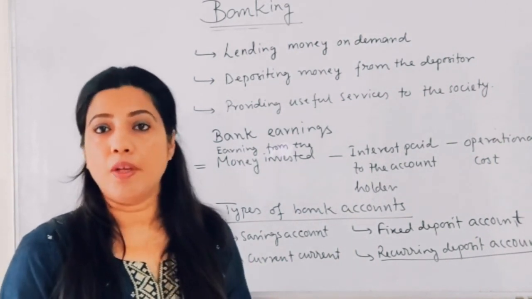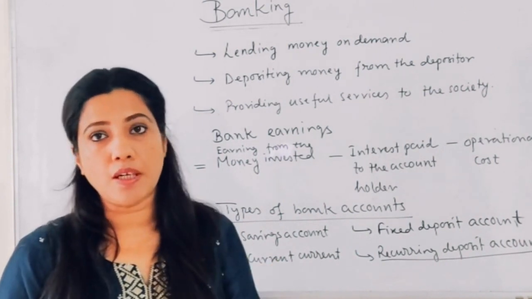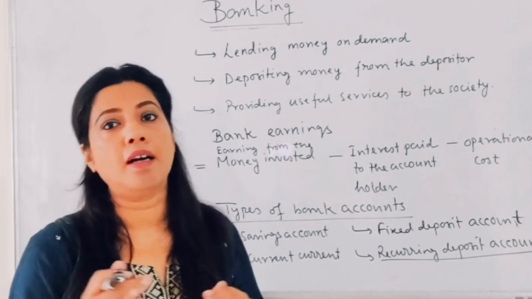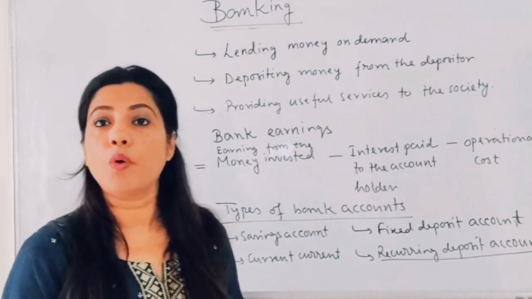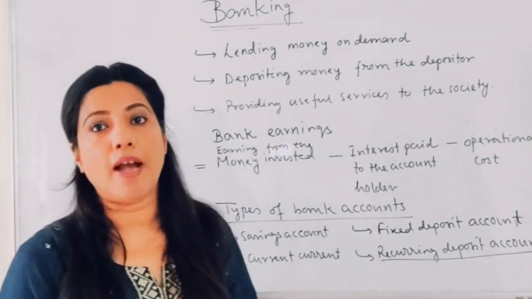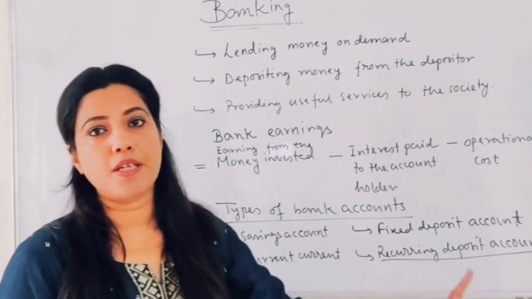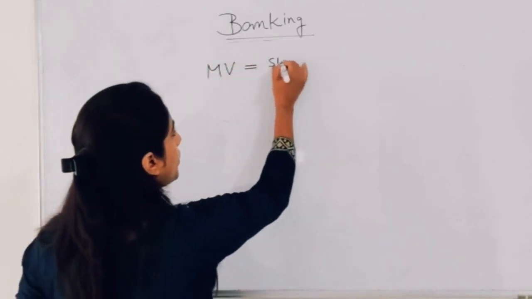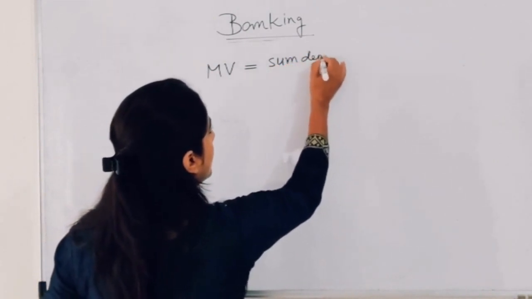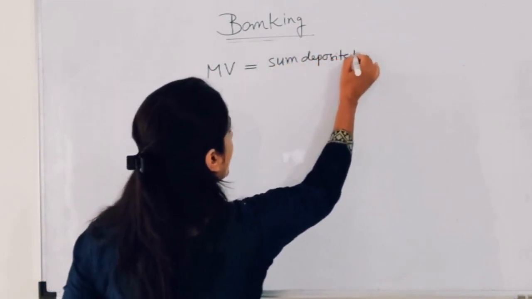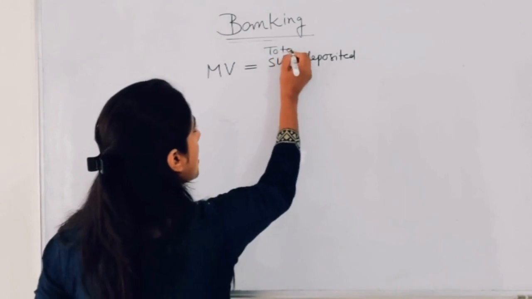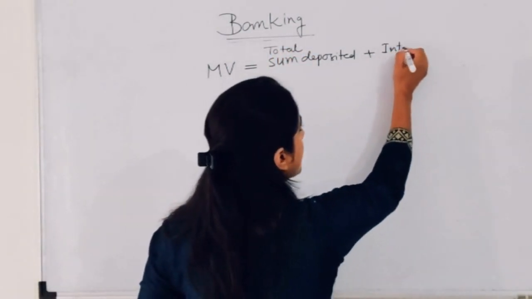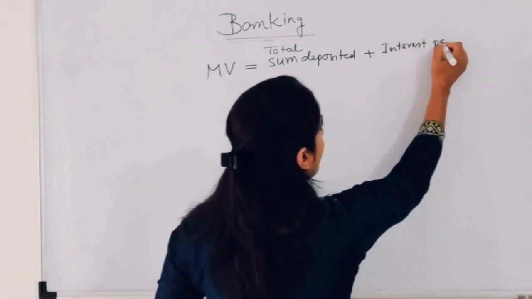The maturity value includes the whole amount of money deposited plus the interest which is paid by the bank. So now let us see how to compute the maturity value in a recurring deposit scheme. The formula is: maturity value is equal to the total sum deposited plus the interest paid by the bank.